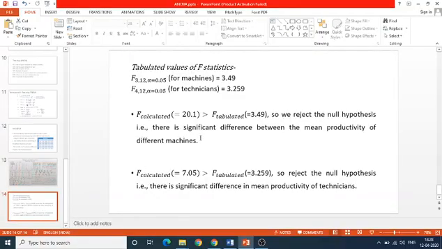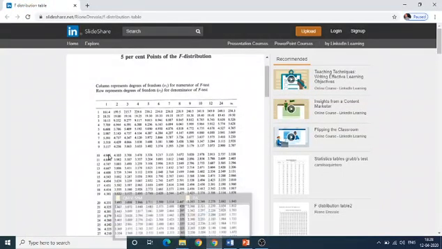So at the 5% significance level, for 4 and 12, the value of F is 3.259, right?